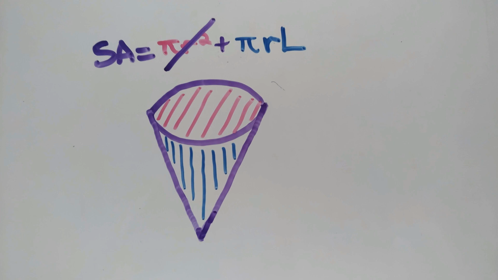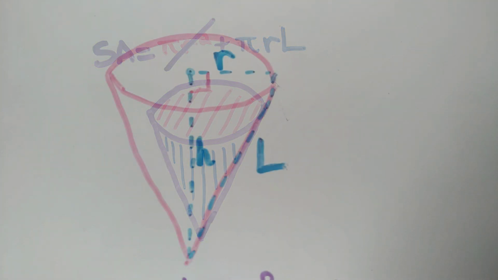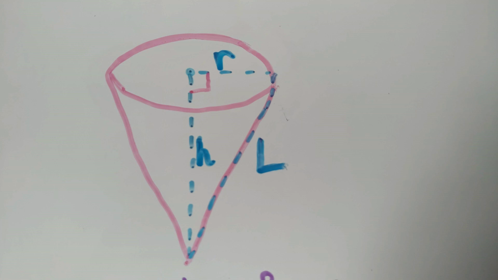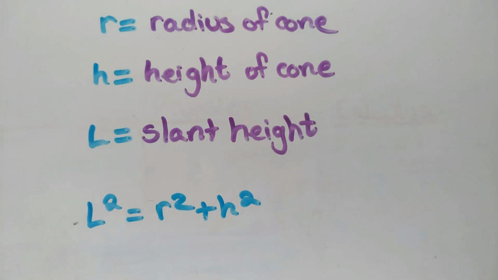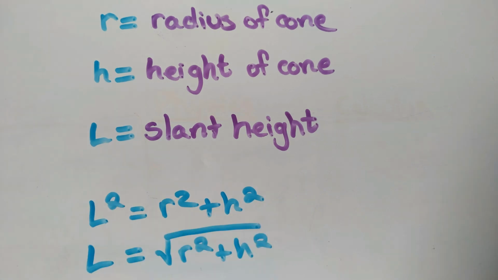Now, speaking of l, looking back at the diagram, we can see that the intersection point between the radius and the height creates a right angle, and what this means is that l can be described using Pythagorean's theorem. So l squared equals r squared plus h squared, and therefore l equals the square root of r squared plus h squared.